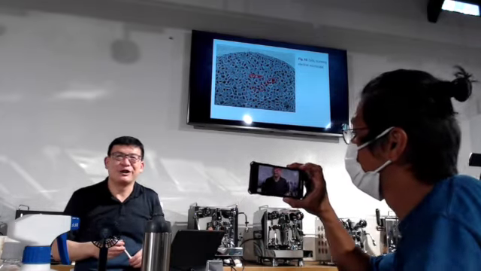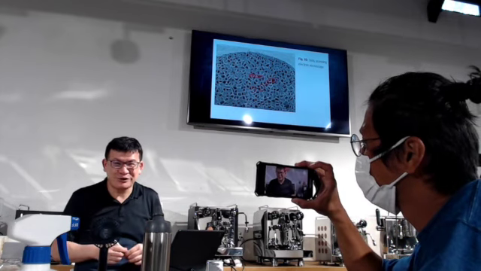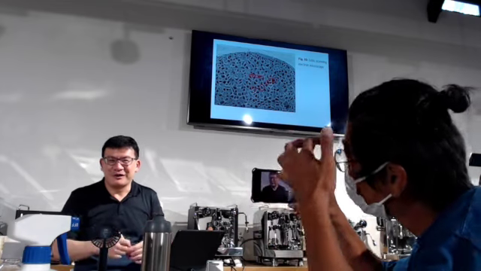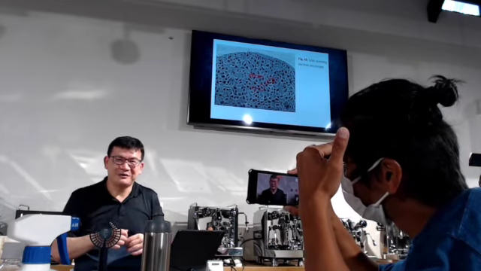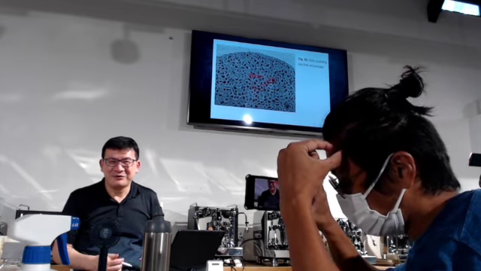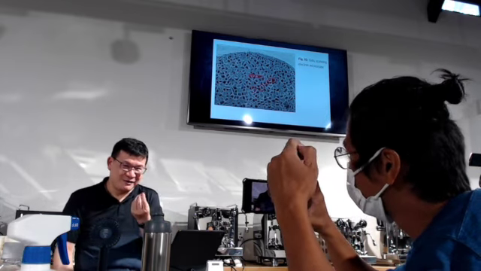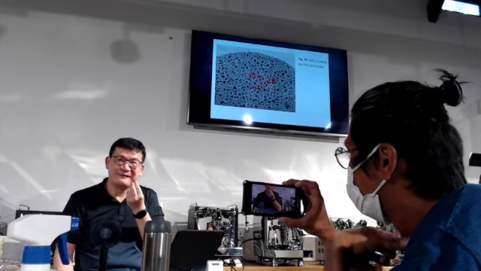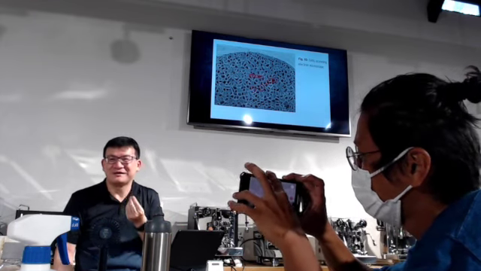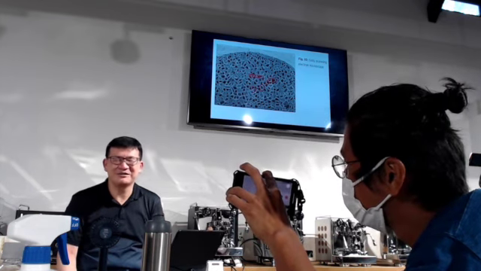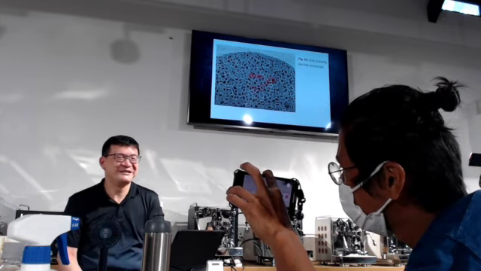Then you will know a lot of things. It's difficult sitting here showing you slides. You have to be there. You need to touch the ground, smell the soil. Then you know things. The micro environment is very tricky.